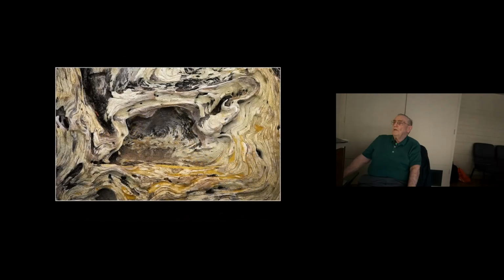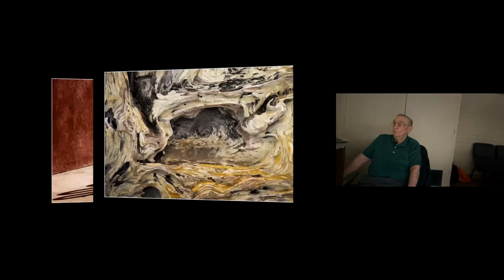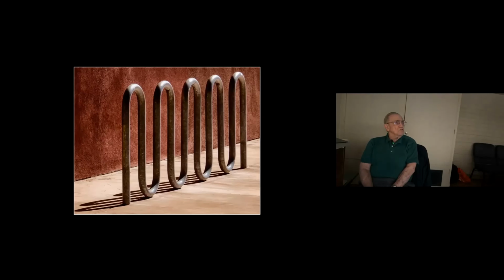How about an old piece of well-weathered wood? Okay, this is a wannabe abstract. I saw the bike rack and the shadows, and I thought, man, that's a neat subject to work with. I took the snapshot, got home.